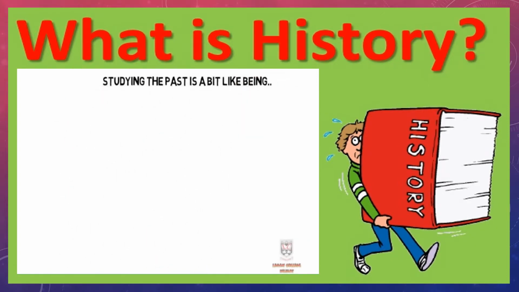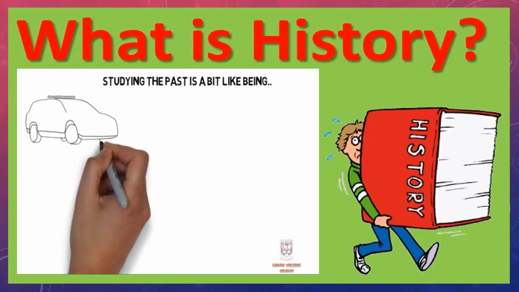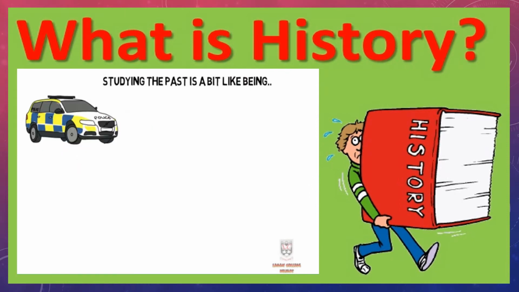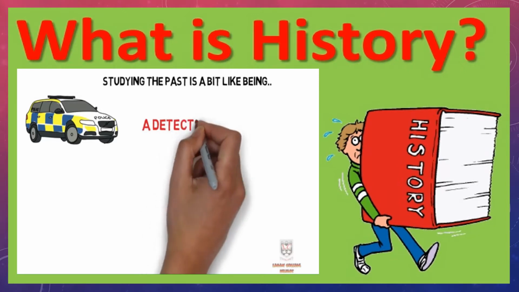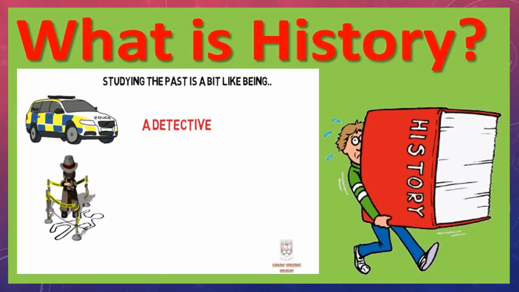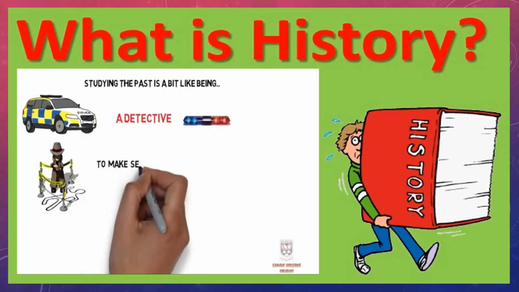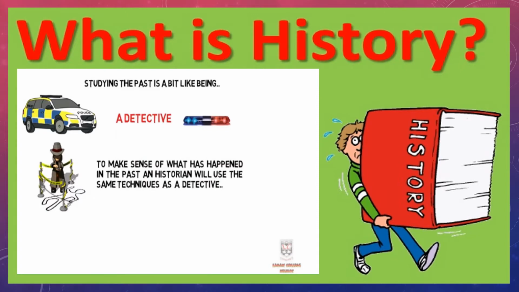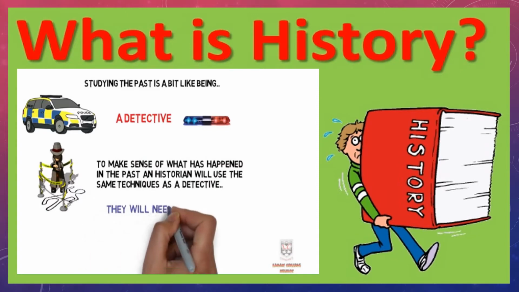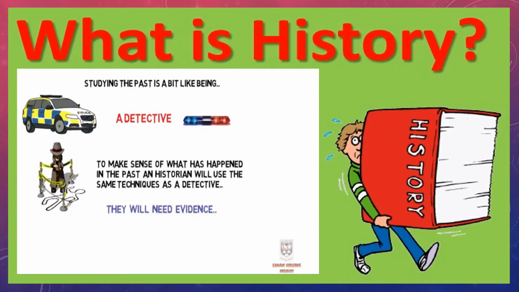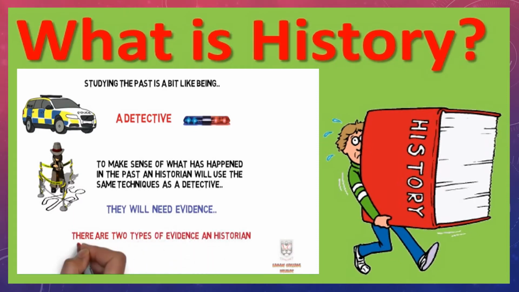Someone who studies the past is called an historian. Studying the past is a bit like being a detective. To make sense of what has happened in the past, an historian will use the same techniques as a detective.